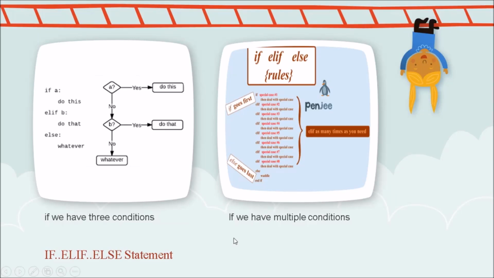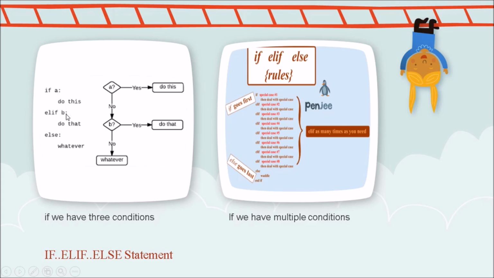Moving on to the if, elif, else statement. We use this statement when we have more than two alternatives. Suppose we have three alternatives, A, B and a third alternative. When A is true, we'll do this.